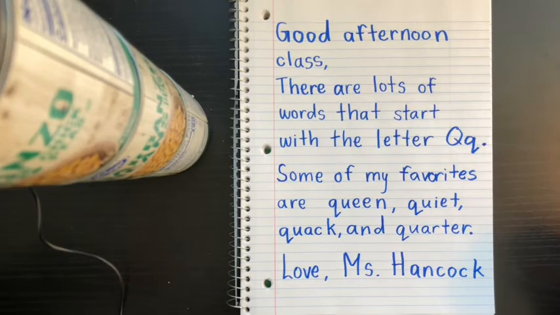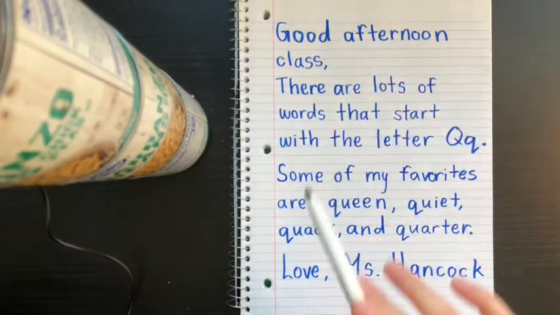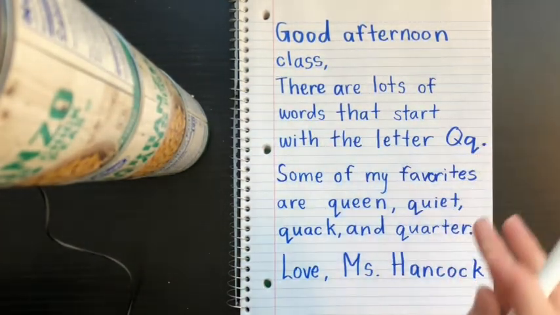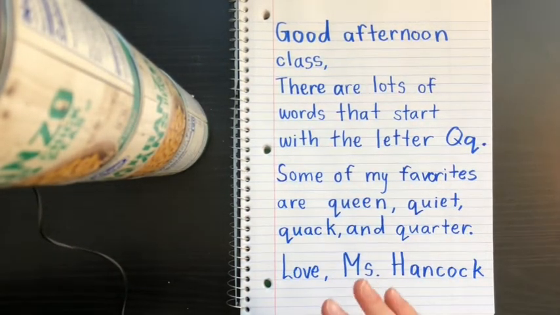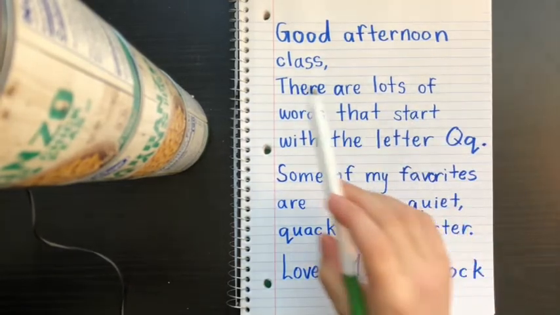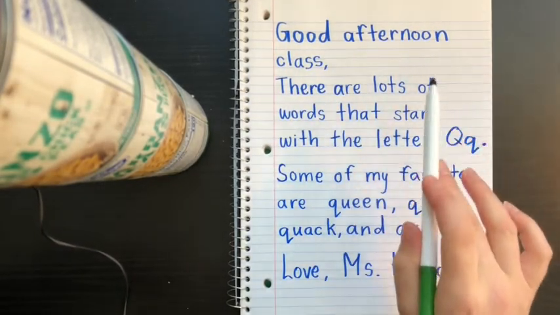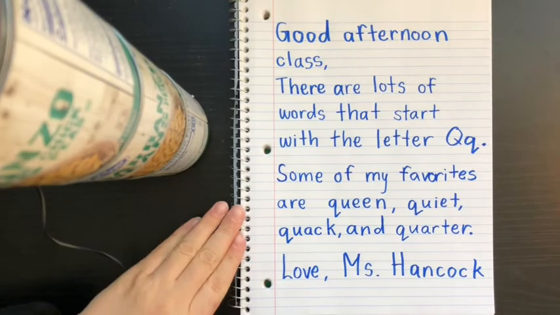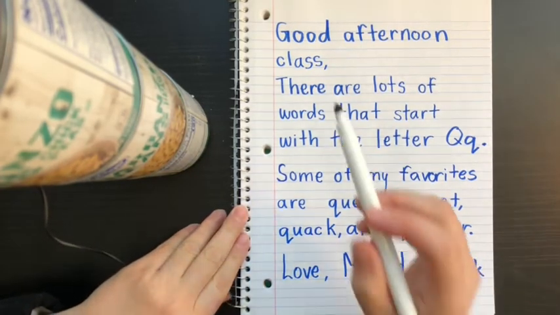Qua, qua, qua. Q makes the sound qua. Now let's go ahead and look for Q in our morning message. So we're going to go top to bottom, left to right, like we always do when we read. When you see the letter Q, say stop, and I will go ahead and circle it. Alrighty, let's get started.